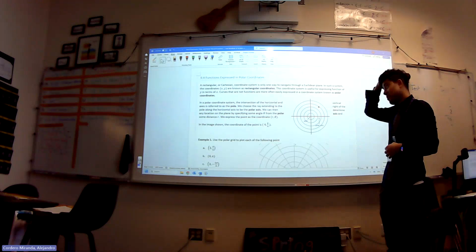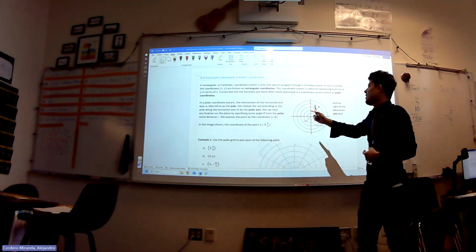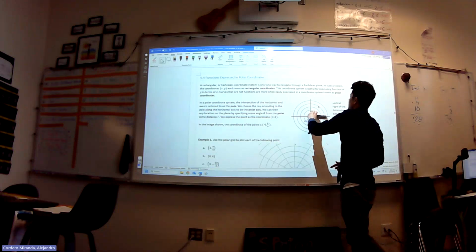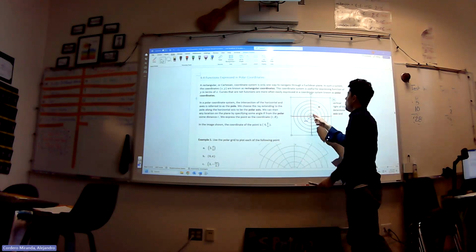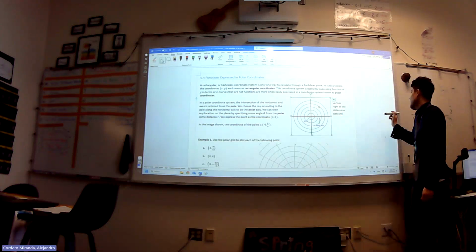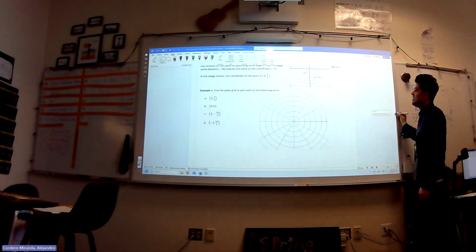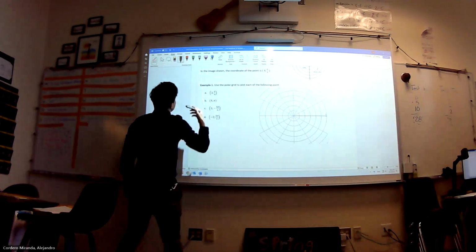That's the idea behind polar coordinates. So in the image shown, the coordinate point is 4 comma pi over 4. That means start here, rotate pi over 4, and now go 4 radii. In case you forgot. So first, let's just plot a bunch of polar points.